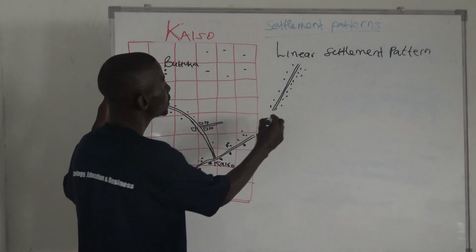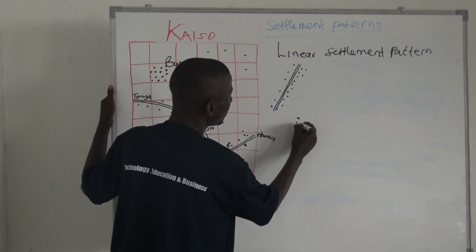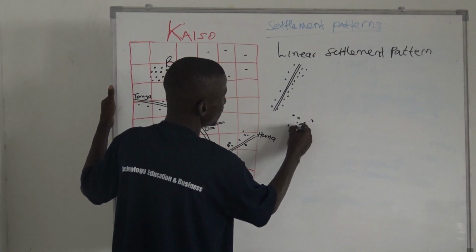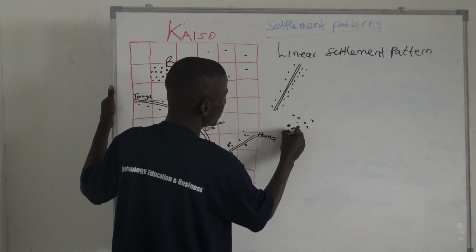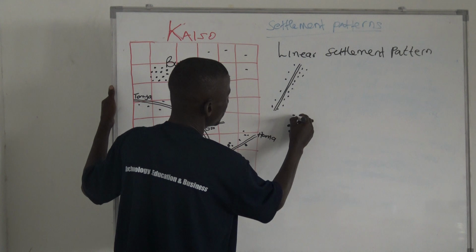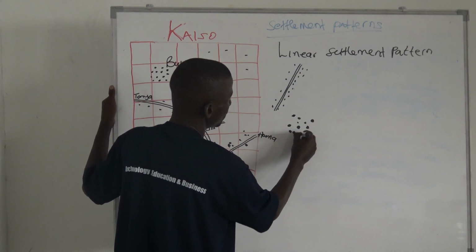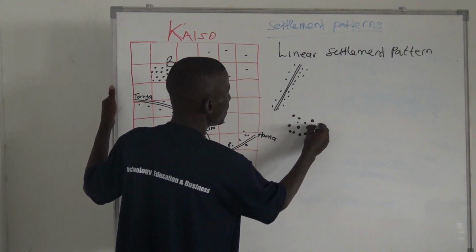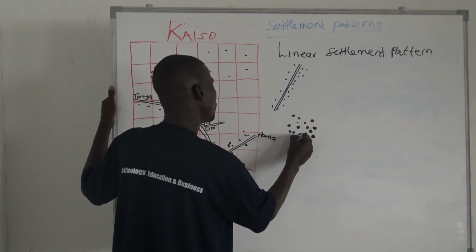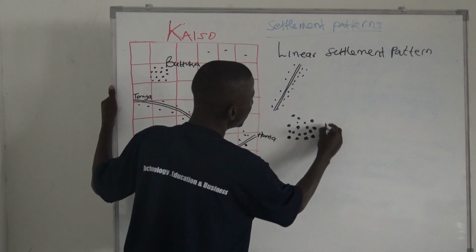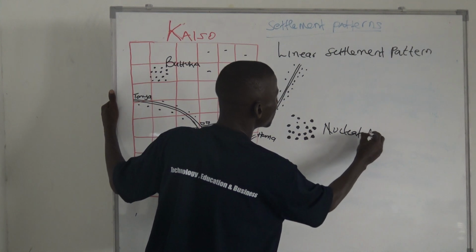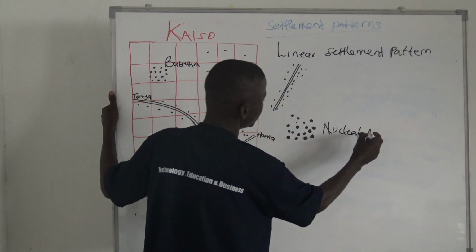Settlement pattern number 2 is called nucleated. This one is called the nucleated settlement pattern.